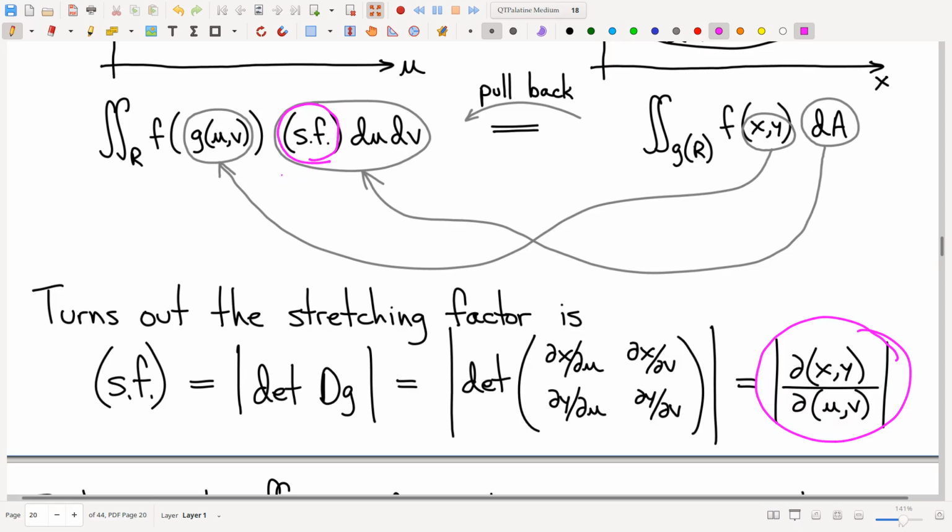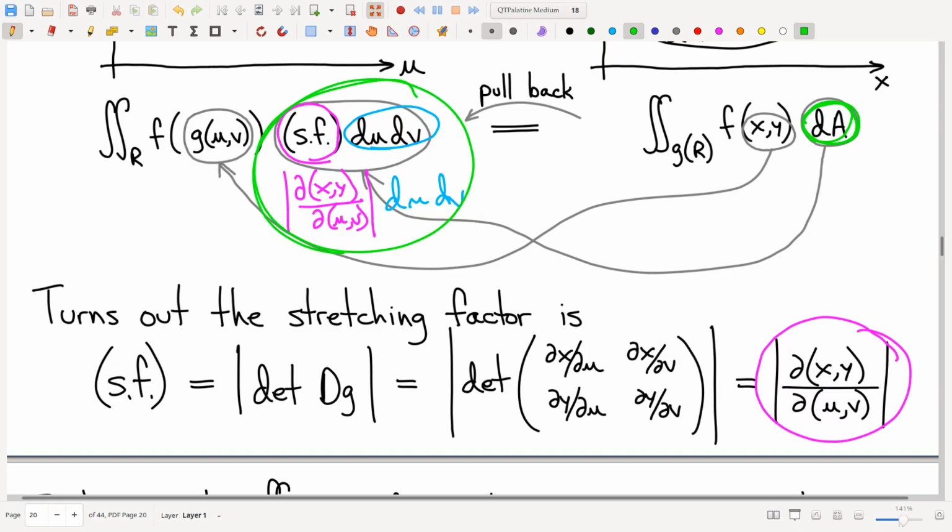Okay, so partial xy, partial uv, and keep in mind that's what we multiply by input size du dv to get output size, keeping in mind the whole point is that that is equal to that.